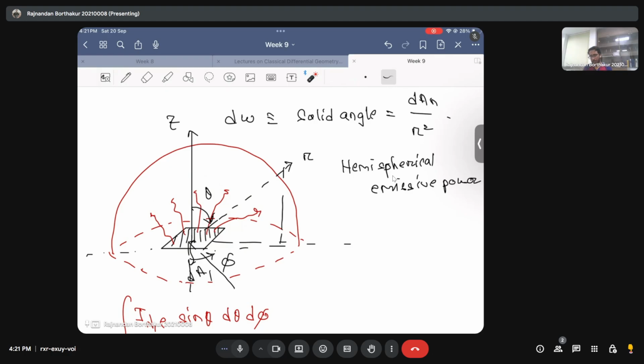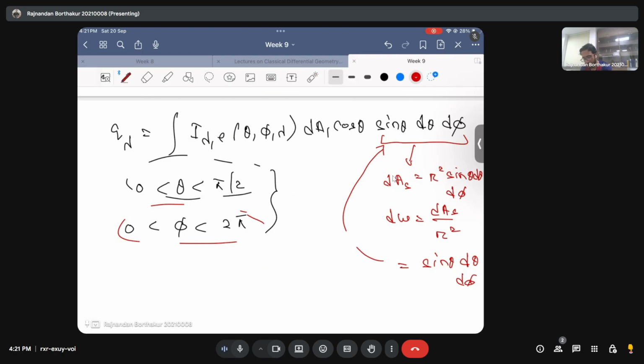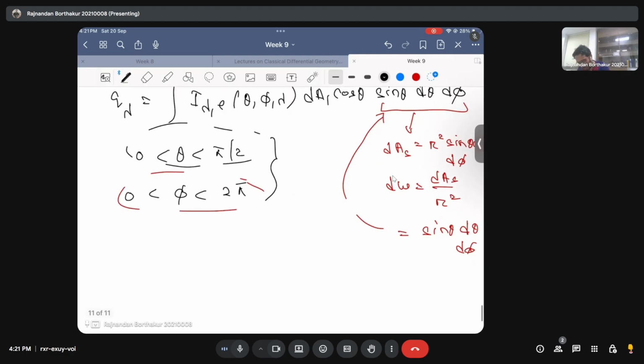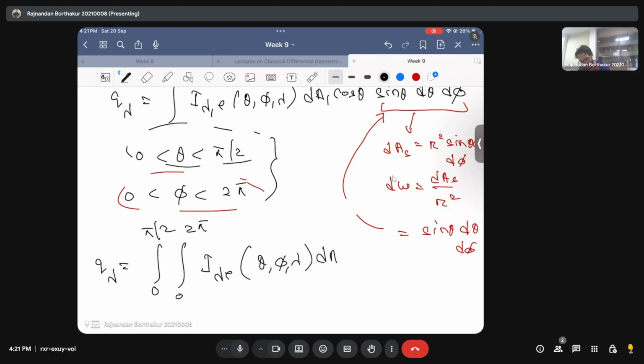So basically the integration that you need to do in order to define the hemispherical emissive power is, your q lambda will be the integration from 0 to pi by 2 and the integration from 0 to 2 pi of I lambda, which is a function of theta, phi, lambda, dA1 cos theta, and then this becomes sine theta, d theta, d phi.